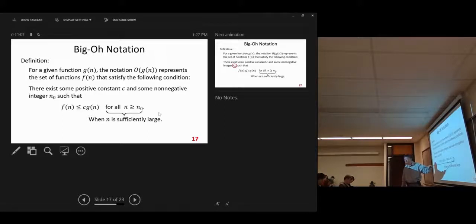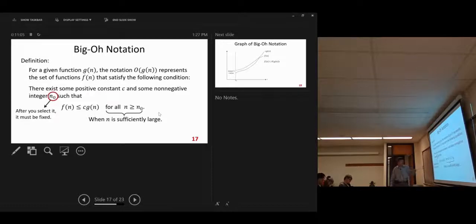You have the freedom to choose any number for this n0, but after you select it, it must be fixed. As soon as you choose it, fix it. When n changes, we always use the same n0. When n is greater than or equal to n0, you can choose any such n.